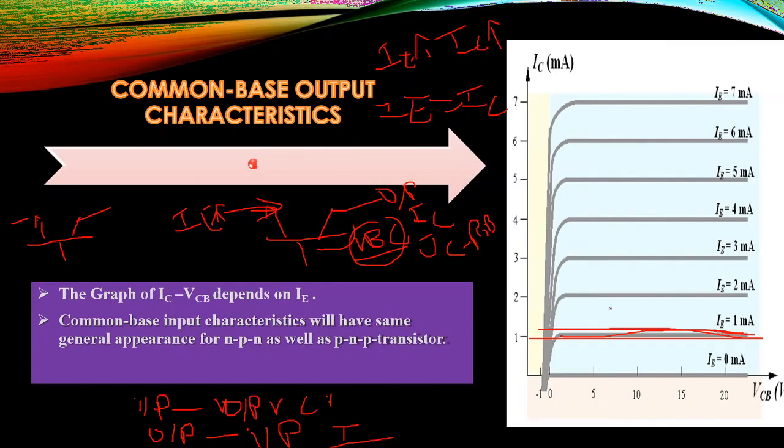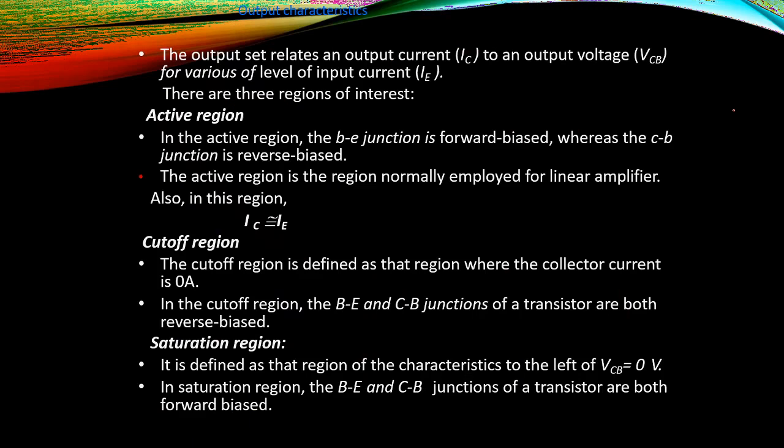It has a constant current throughout the characteristics, so it is called a constant current source. It is going to generate a constant current. These are the things we have discussed till now.